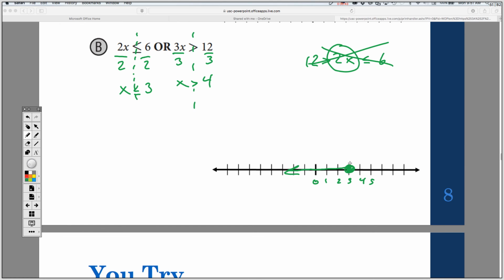Okay, Aureliana, let's graph this one. X is greater than 4. So I should go to 4. Circle it, open or closed? Right or left? Genius. Good job. So basically, all real numbers are answers except for 3 to 4, including 3, but not 4.